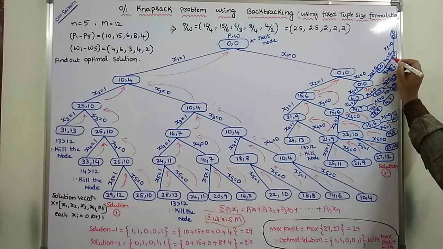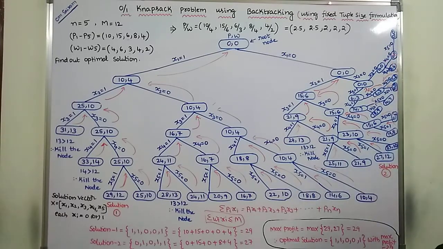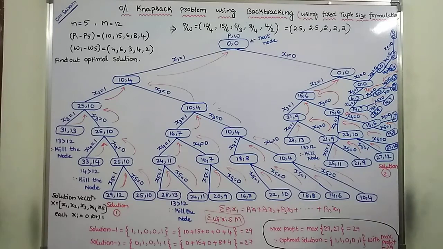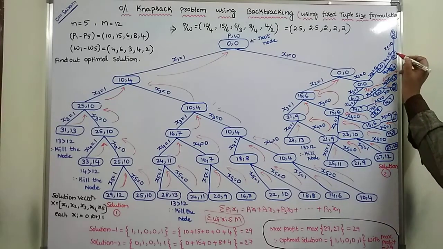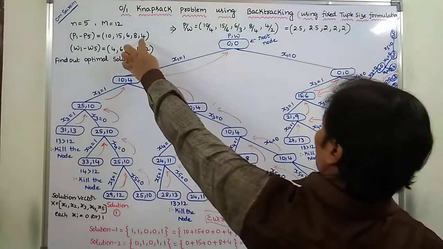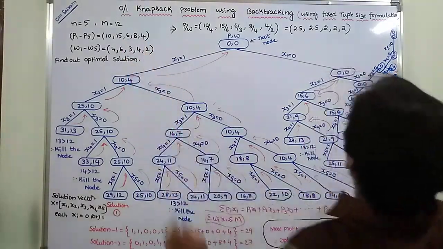So here another choice, x suffix 4 is equal to 0. Here we are not considering the fourth object, then we are getting 0 comma 0. Here 0 is less than or equal to 12, condition true, so we have to extend that node. Left hand side x suffix 5 is equal to 1, that is fifth object is considered, that is 4 comma 2.